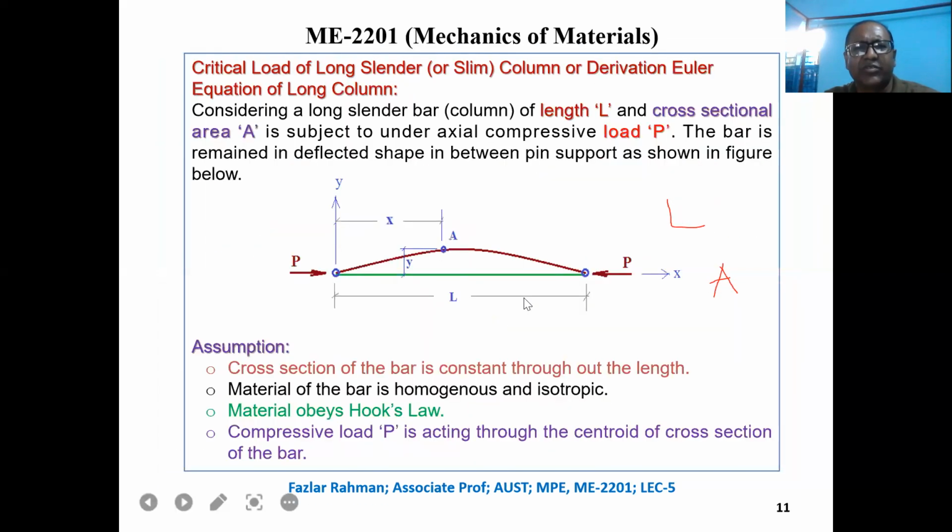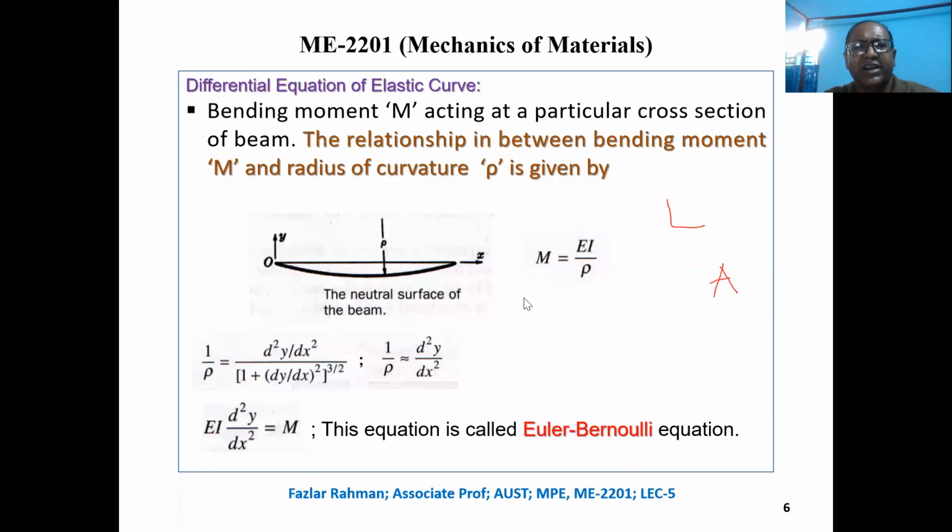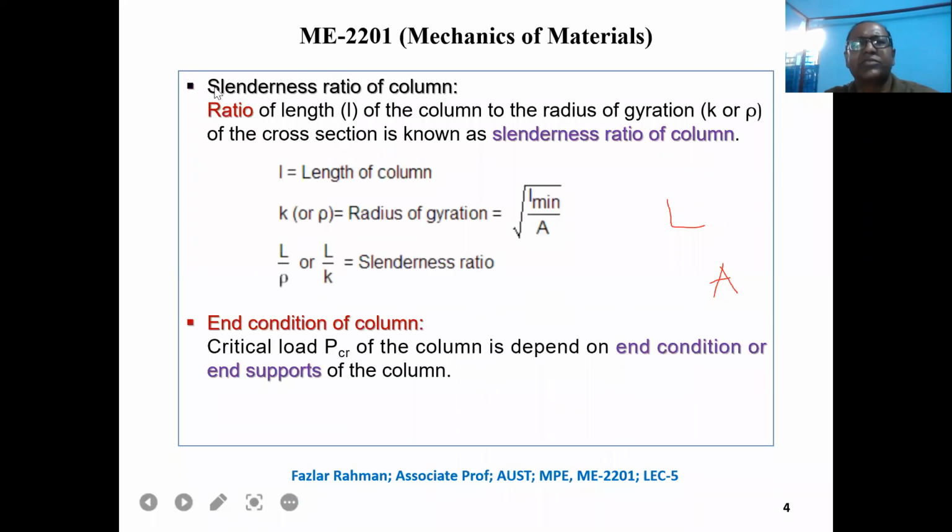radius of gyration and slenderness ratio, if you look at the definition over here, radius of gyration equals the square root of I minimum by A. What is the reason? Because a column will buckle with respect to the axis where moment of inertia is less.